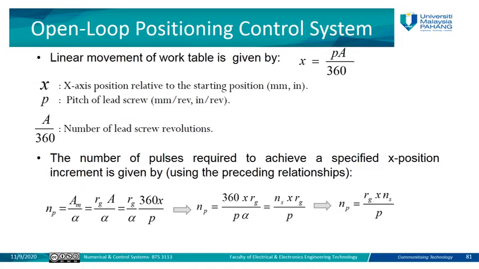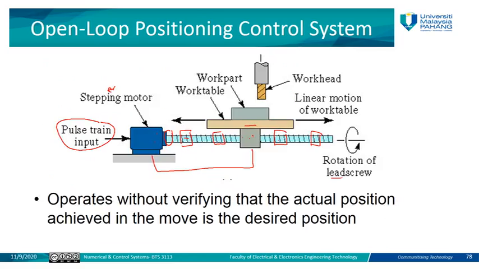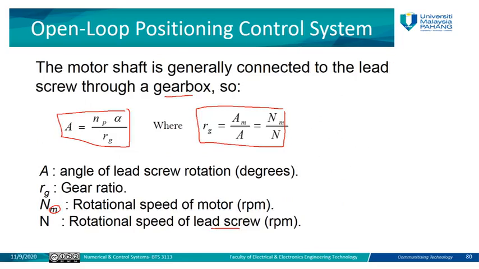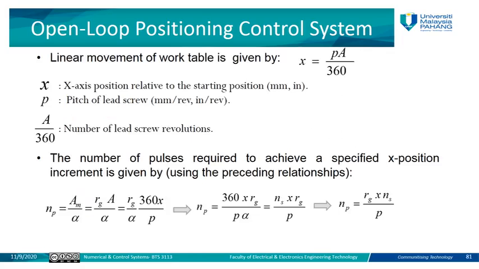Another formula here is related to the linear movement of the work table. So we set the table here in the open loop. This is the table. The table will move, for example, in this direction or away in that direction, in order to find how the table will be moved over a distance based on the displacement, using x, which is the x-axis position here.